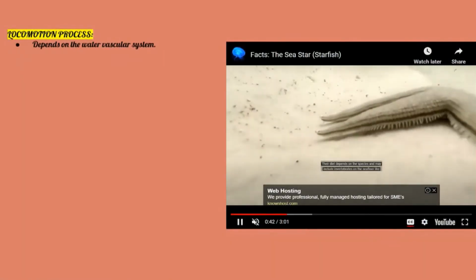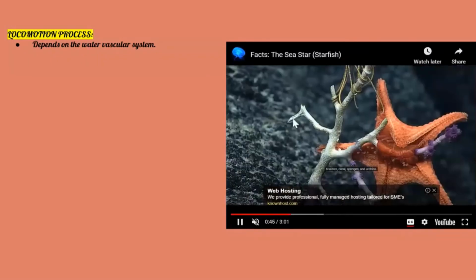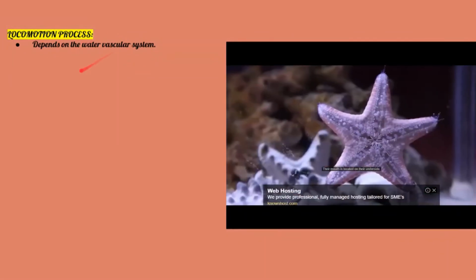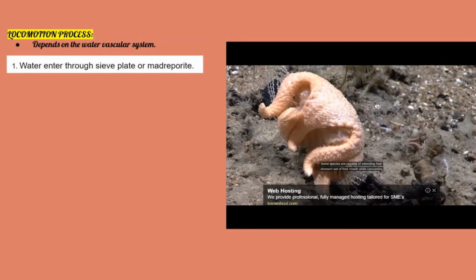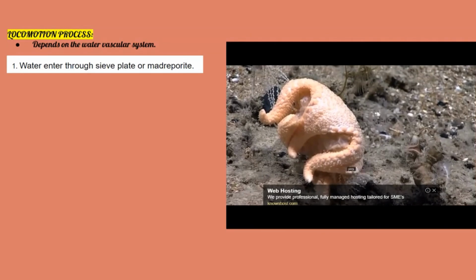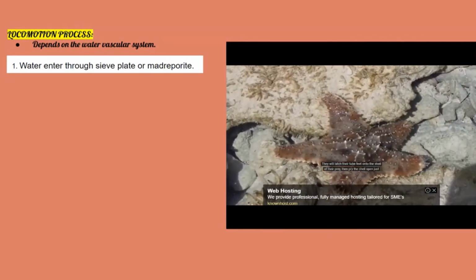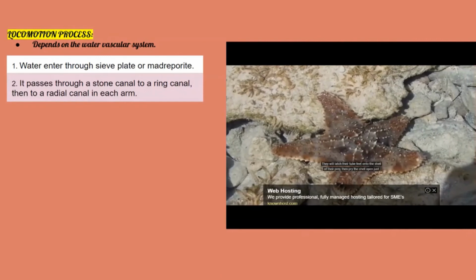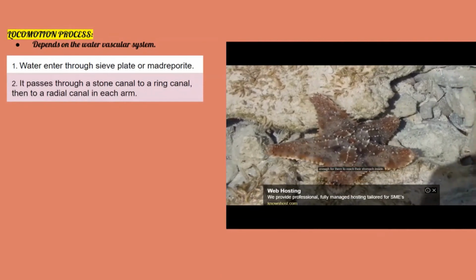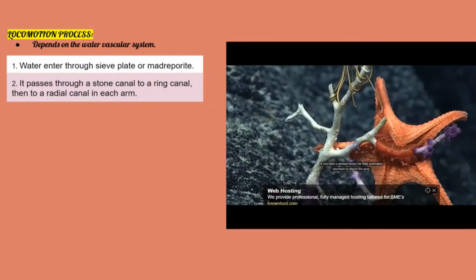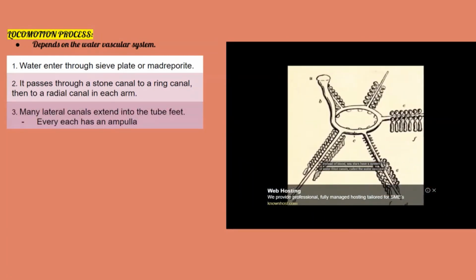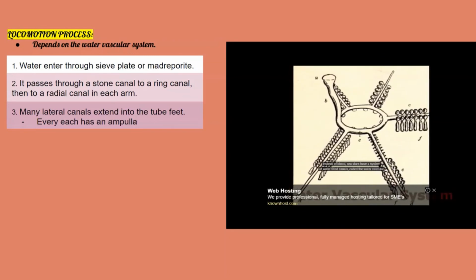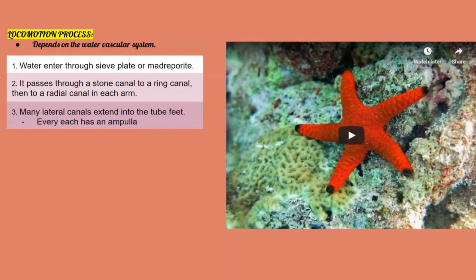So next is the locomotion process. It will move like this. It depends on the water vascular system. When water enters through the sieve plate or madreporite, it passes through a stone canal to a ring canal, then goes to the radial canal in each arm. There are many lateral canals that extend into the tube feet. And at every tube foot, there is an ampulla.